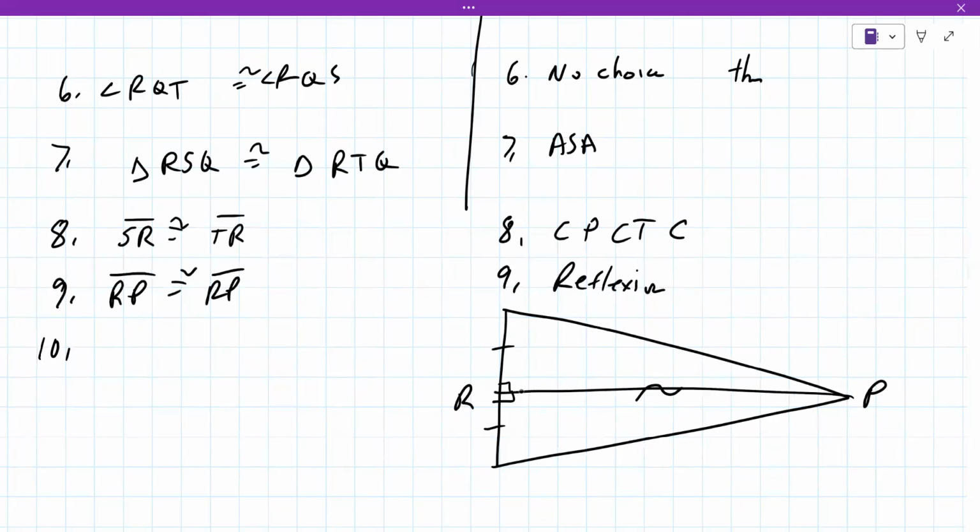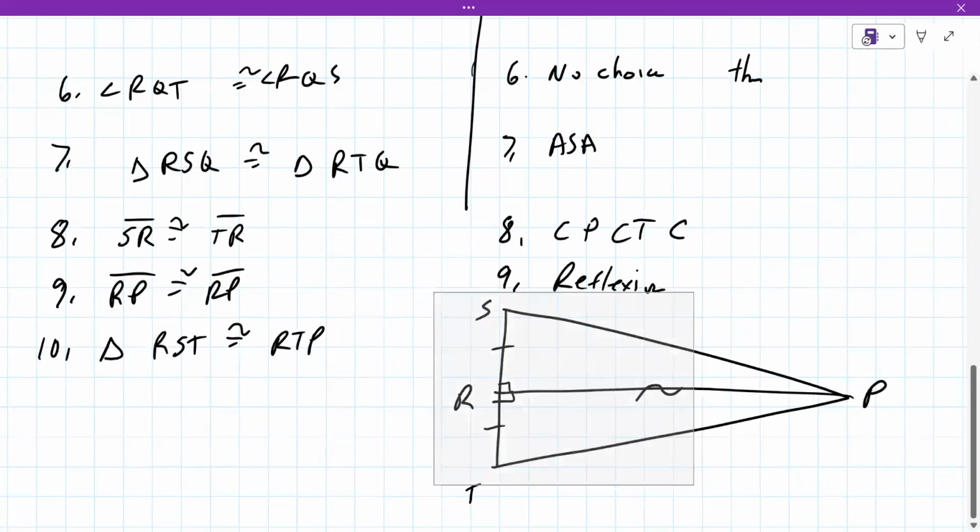And then we can say that the triangles are congruent. I'll relabel this S and T. So triangle RST, the upper one, is congruent to the bottom one, RTP. Order matters. And that is by side, angle, side, SAS.